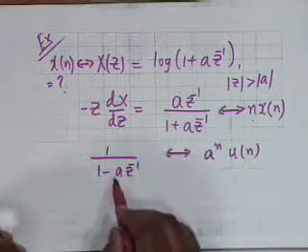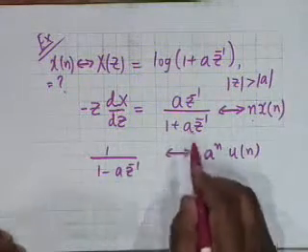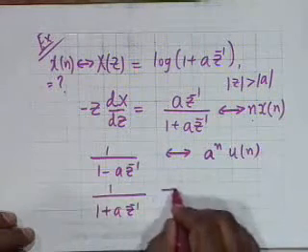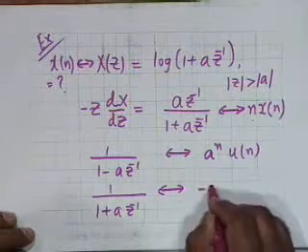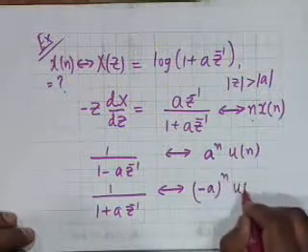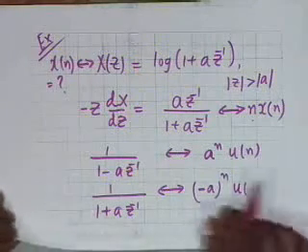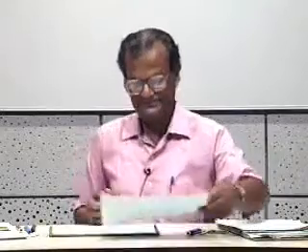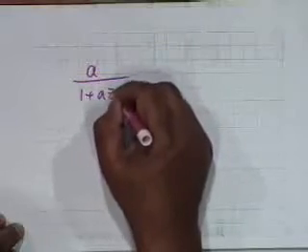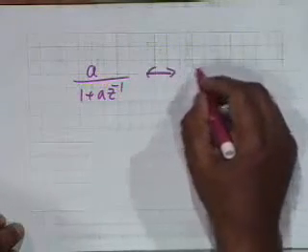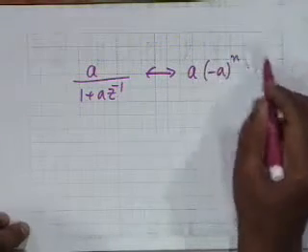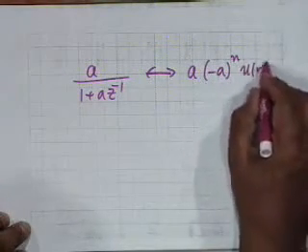Now instead of minus a, we have a plus a here, and therefore 1 by 1 plus a z inverse is the z transform of minus a to the power n u of n. All right. Then you multiply by a, that is a by 1 plus a z inverse will be the z transform of a times minus a to the power n u of n.